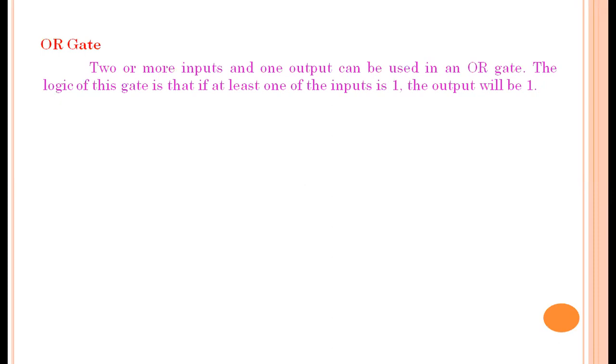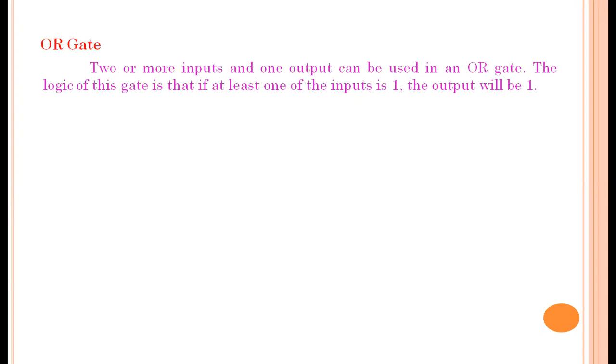The OR gate contains two or more inputs and only one output, and the output is equal to the sum of the two or more inputs. The principle behind the OR gate is: if any one of the inputs is 1, the output is 1.